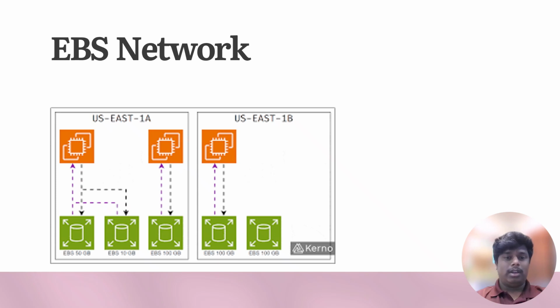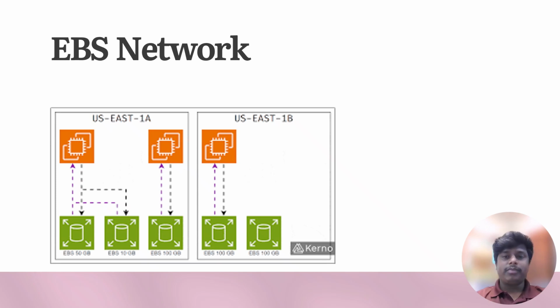So let's visualize this. Here is our availability zone. We have one instance with multiple EBS volumes attached. Think multiple network USB sticks. We can also have another instance in the same availability zone with its own dedicated EBS volume.